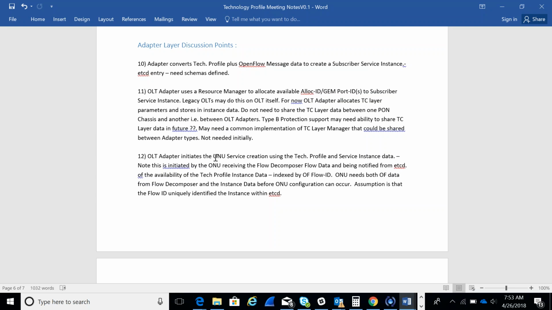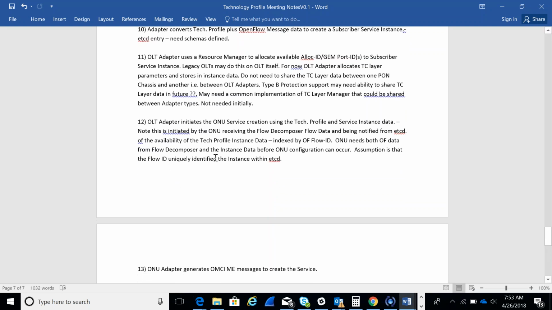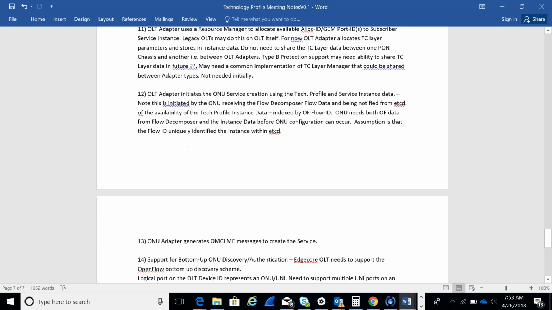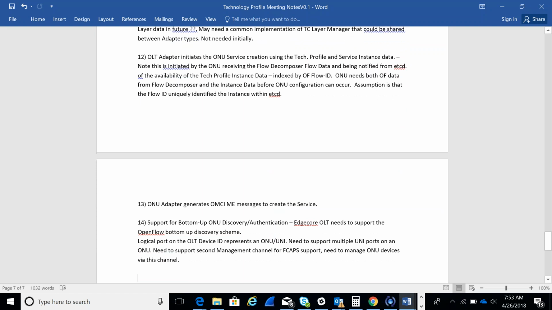So there's a little bit of state potentially needed inside the ONU to make sure everything's available for it to use. 13, this is just a statement that the ONU adapter generates the OMCI ME messages to create the service.